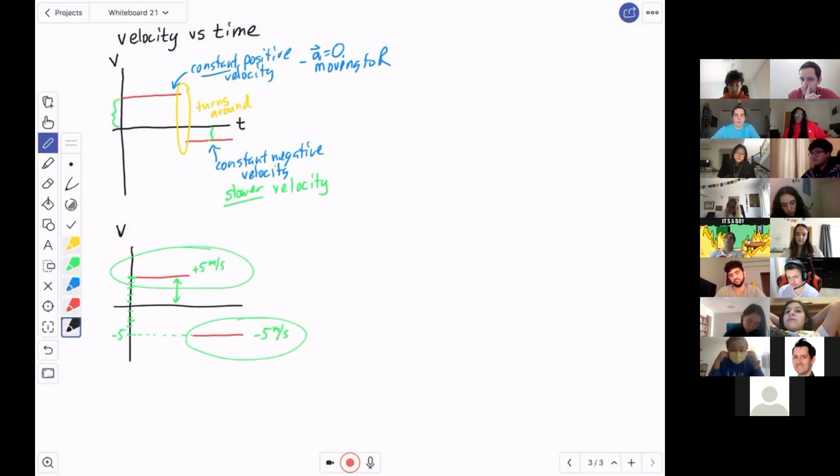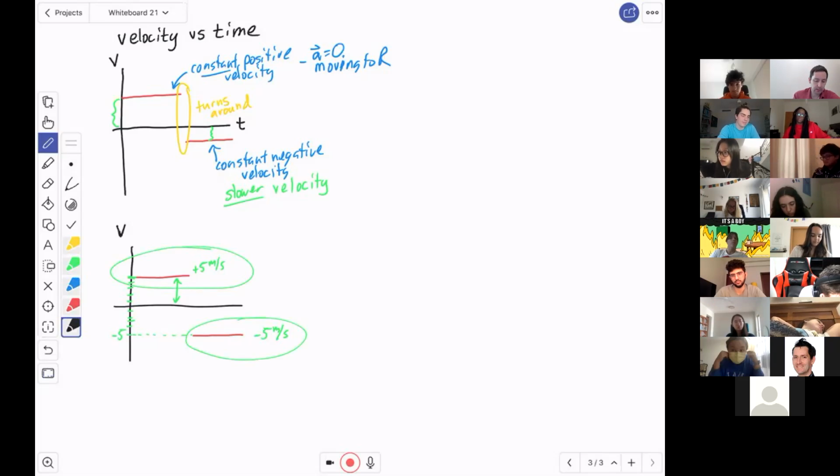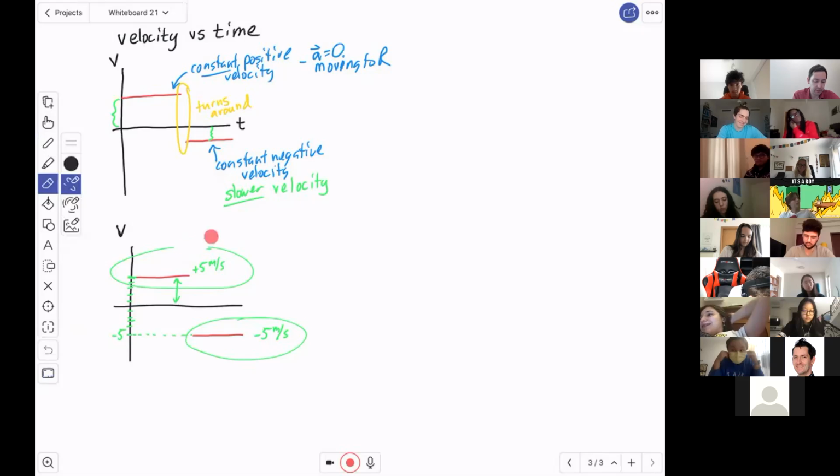Mr. Bywater, could you show this bottom graph, compare it to a position and time graph? Because I'm still confused on how the velocity stuff works. Okay. So yeah, that's a good idea. Let's take this bottom graph.